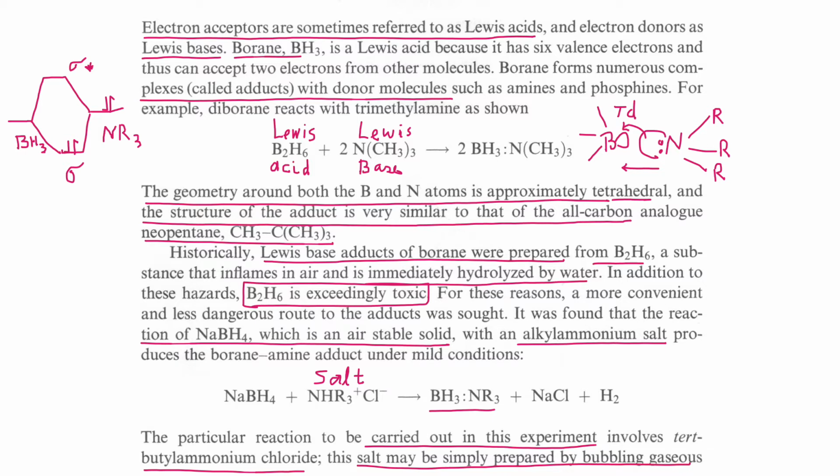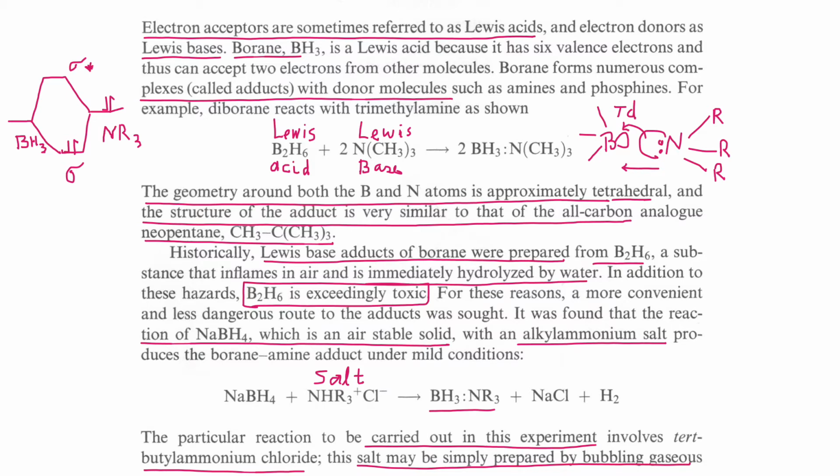Here in this reaction, to facilitate the reaction, we mix NaBH4, sodium borohydride, with the salt which we are going to prepare in this experiment, which is the butyl ammonium chloride salt.